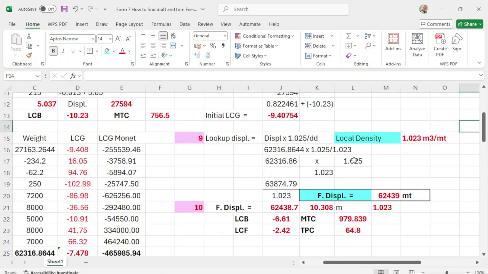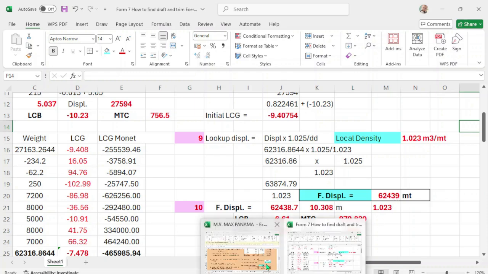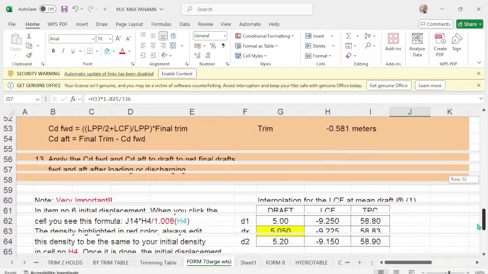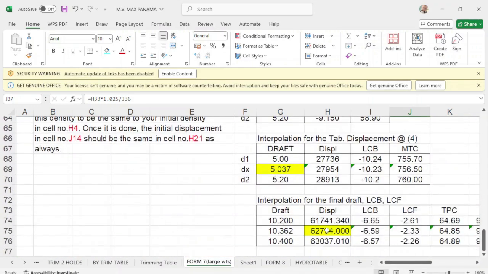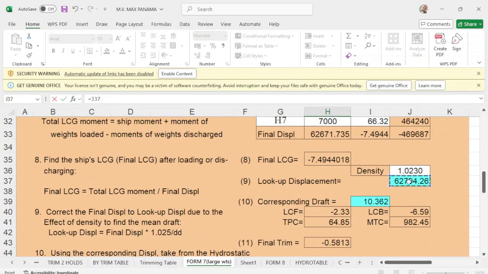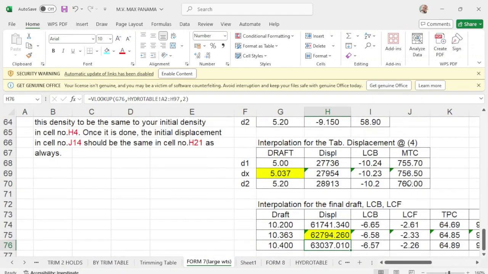That will be number 9. And I got 62439, and he got 62794. So with this displacement, you put it here. We just put equals. Then you go up, click this one, and there he goes.